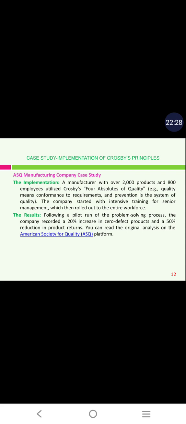Now we will discuss the results they obtained after implementing the 4 absolutes of quality. Following a pilot run of the problem solving process, they took some particular area and implemented Crosby's 4 absolutes of quality, and the company recorded a 20% increase in zero defect products.